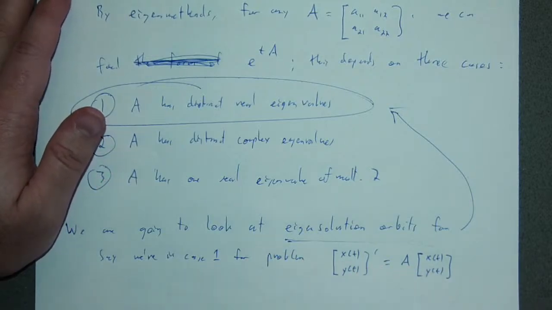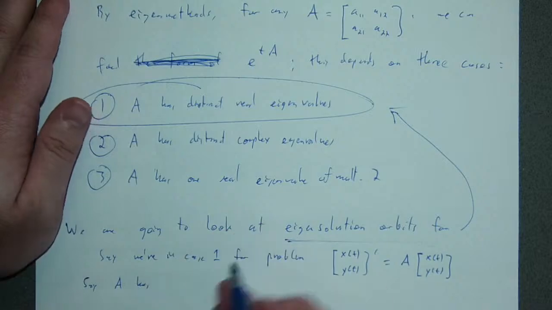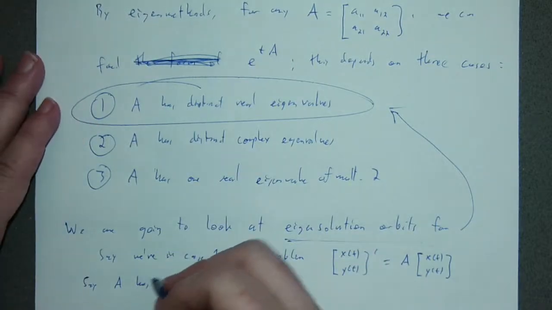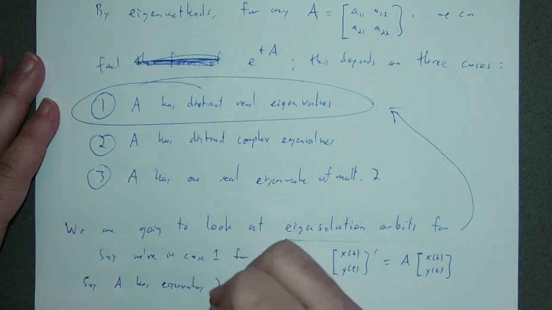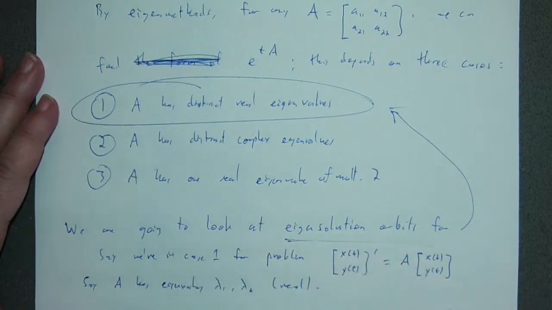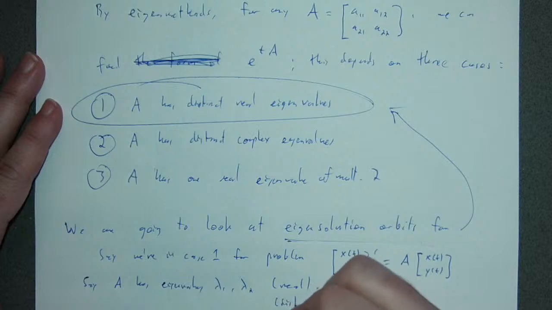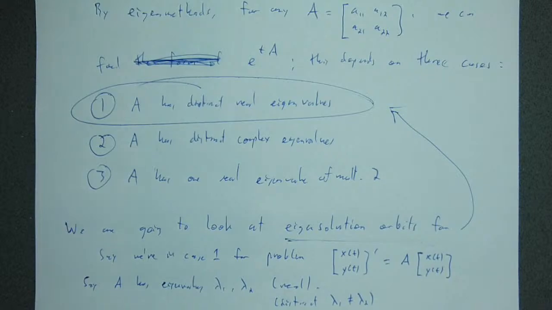And let's say A has eigenvalues lambda 1, lambda 2 that are both real and distinct. So lambda 1 is not equal to lambda 2. Okay.